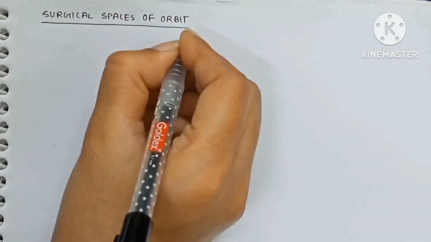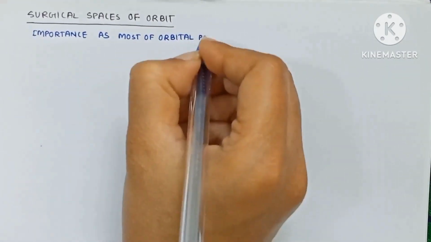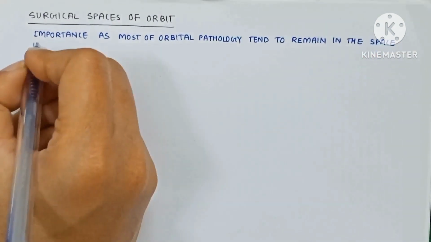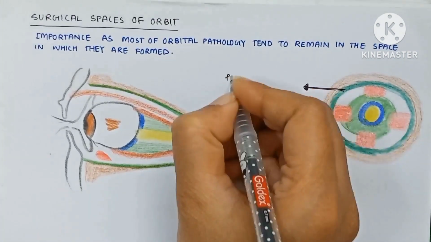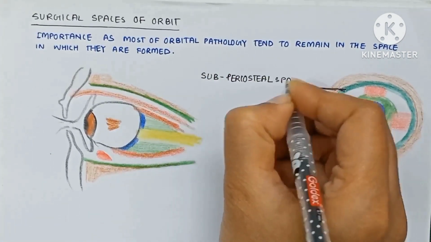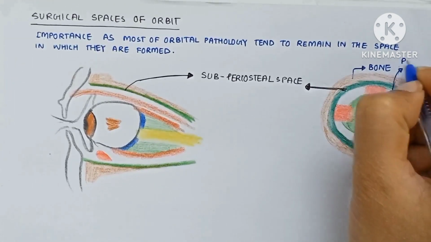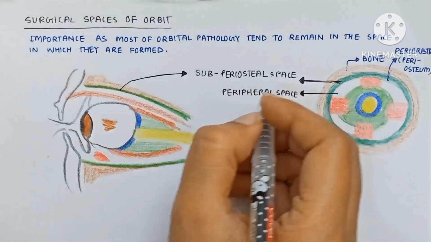Now, the surgical spaces of the orbit. The importance is that most orbital pathology tends to remain in the space in which it is formed. First is the subperiosteal space. This is the potential space between the bone and the periorbita, known as the periosteum. Second is the peripheral space.